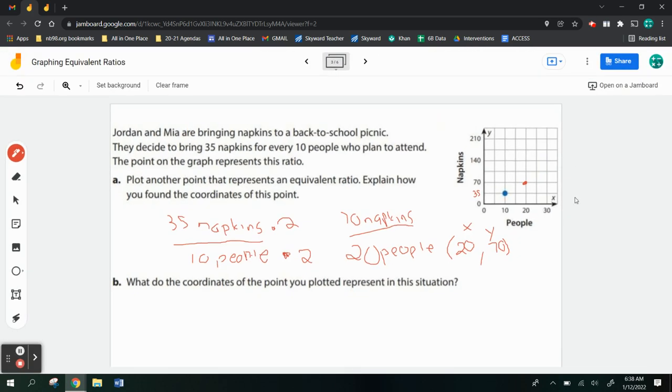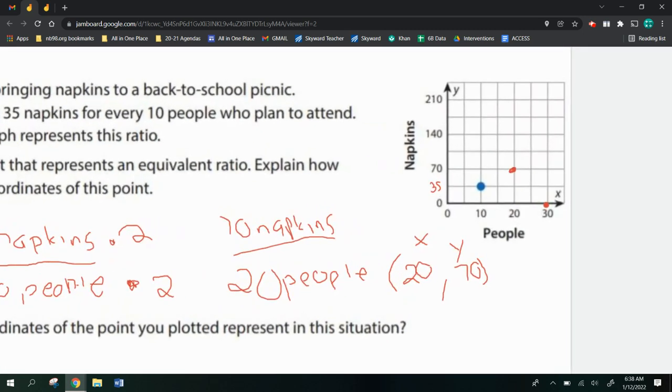That is how you plot another point that represents the equivalent ratio. You could have also done times 3. If you took the first ratio and multiplied it by 3, you would have 30. So go over to 30 and then up to 105, which would be here.